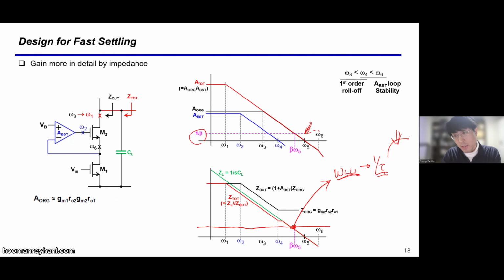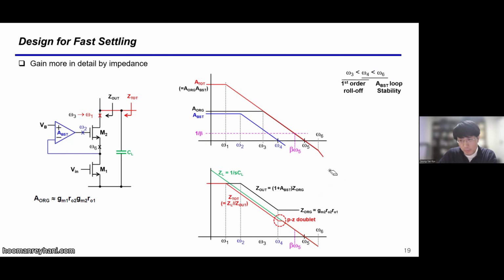So this is the major settling component, but when the pole zero doublet is lower than the unity loop gain frequency, we saw that there is a slow component whose time constant is determined by the pole zero doublet's frequency, right? So that issue occurs when we design a gain boosting amplifier.